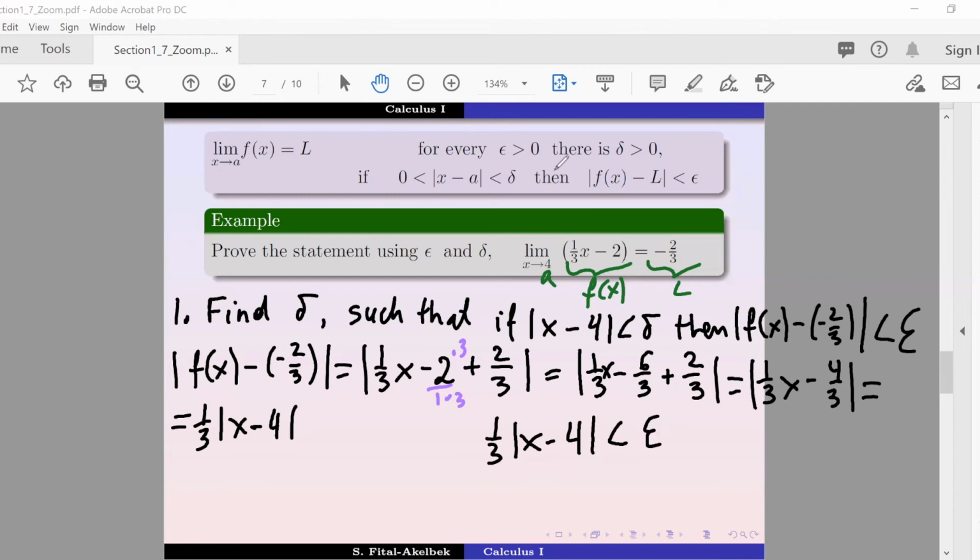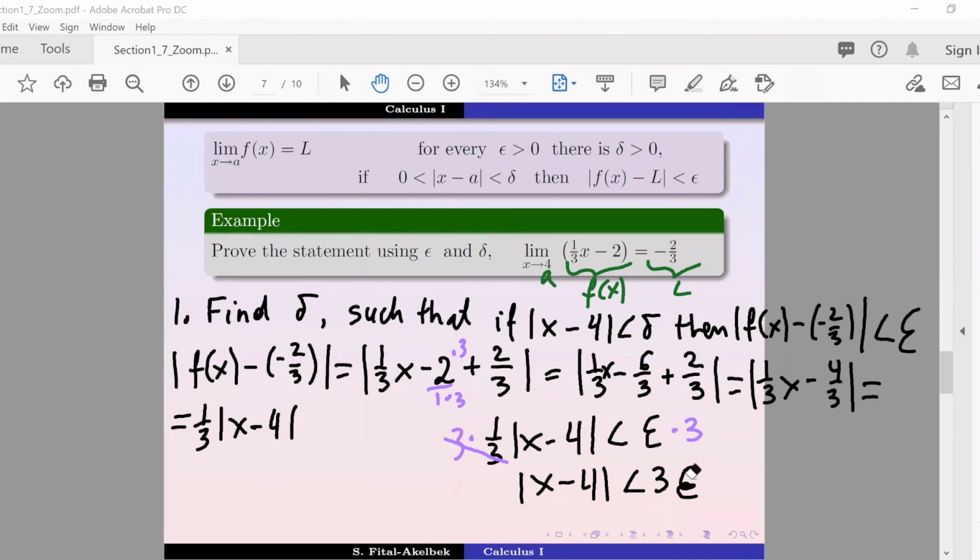Perform the operation, so times 3 times 3. This cancels out. So what we have is the absolute value of x minus 4 is less than 3 epsilon.